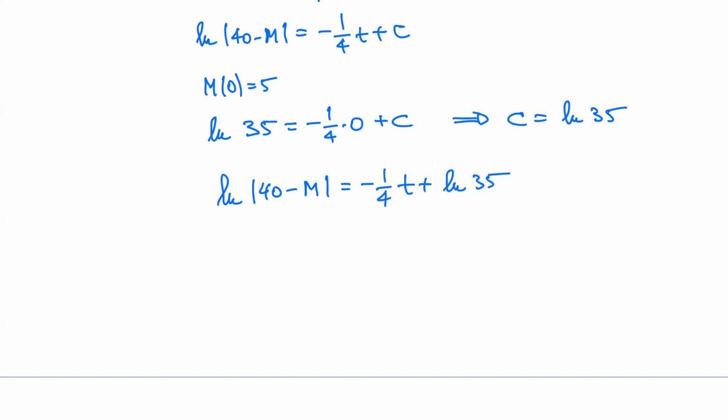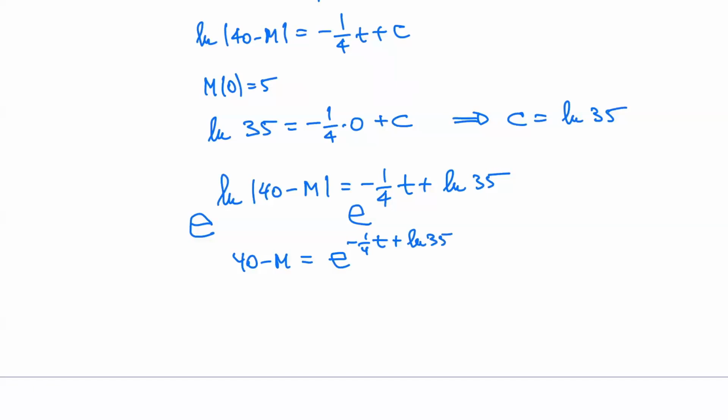Raising e to both sides of the expression gives us 40 minus m equals e to the negative 1/4 t plus ln 35.